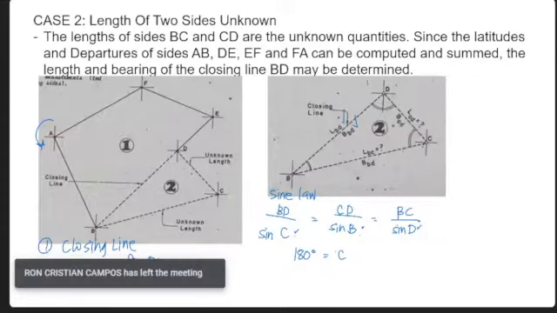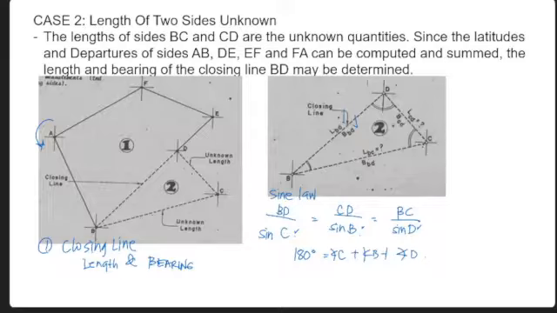So angle C plus angle B plus angle D should be 180 degrees para ma-check natin. And from there, we can compute our lines CD and BC. So again, sine law. For case number 2, having two unknown lengths. Next.